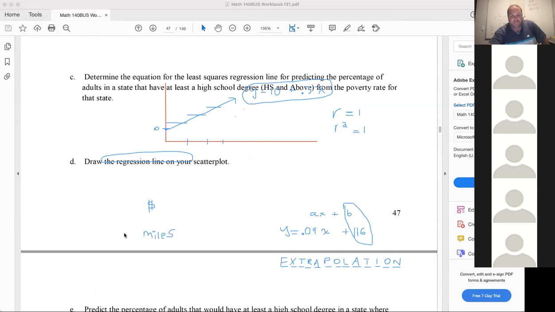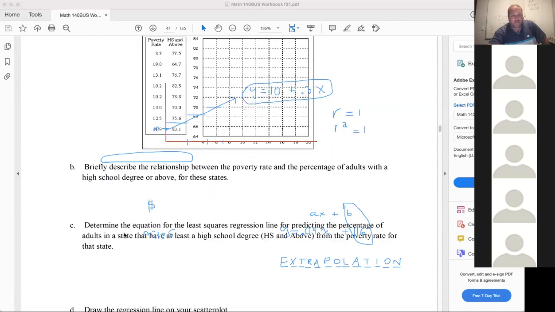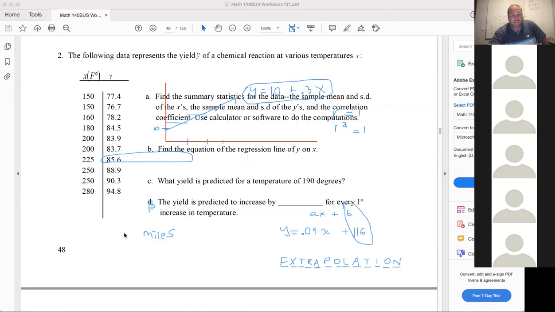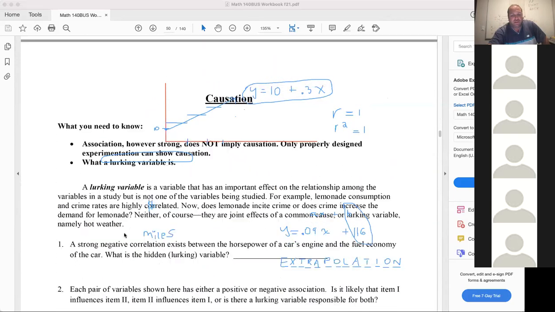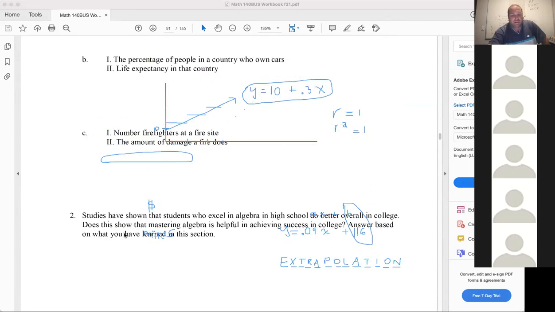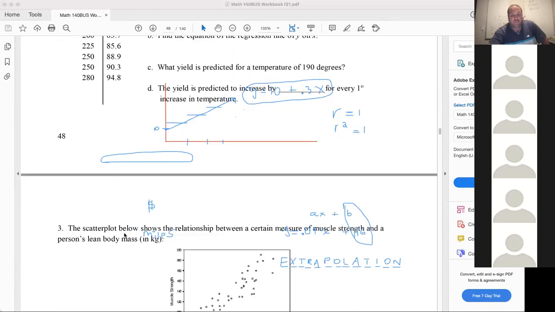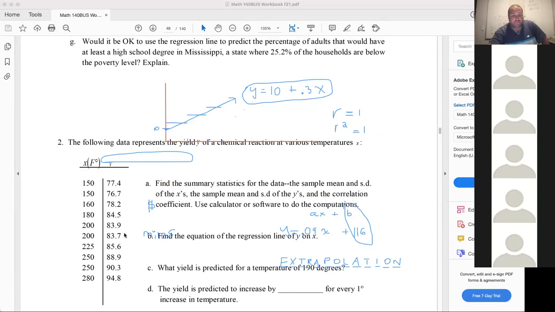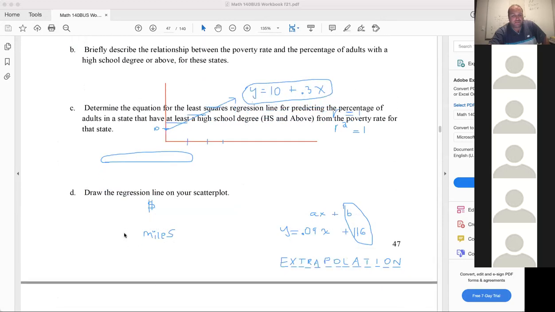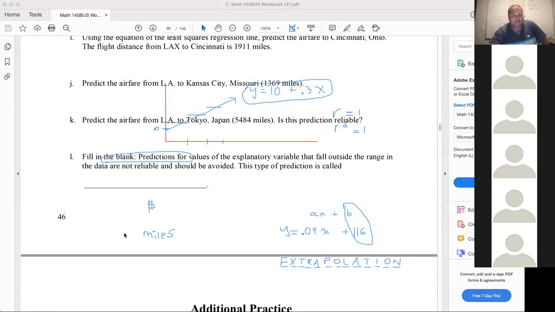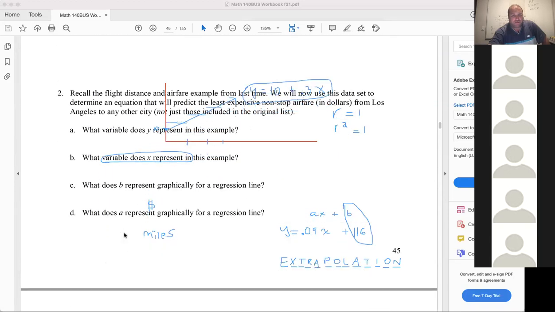That's a big no-no. So in this case, the problem is that you try to extend your line all the way to x equals 0, but your data does not extend that far. Does that make sense? Yes. Don't extrapolate. Don't go too far.